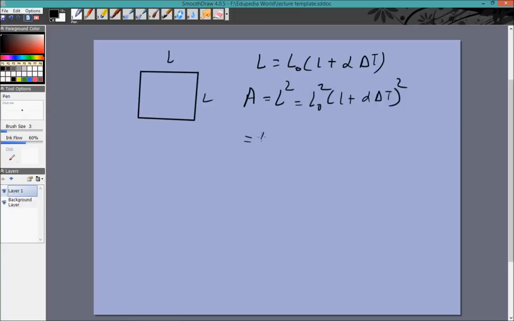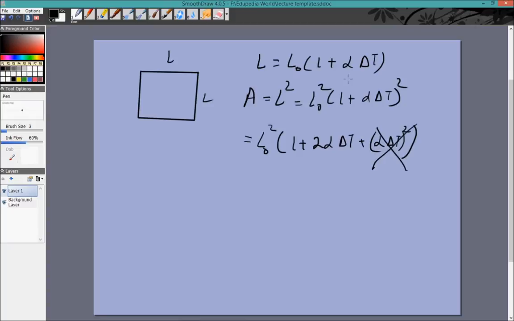That can be written as L naught squared times (1 plus 2 alpha delta t plus (alpha delta T) whole square). Now again I'm going to use the same thing, which is that alpha delta T is very small. In most cases when we talk about thermal expansion, unless specifically stated otherwise, you can assume that alpha delta T will be small. If alpha delta T is small, I can neglect this term in front of this term because it is the square.